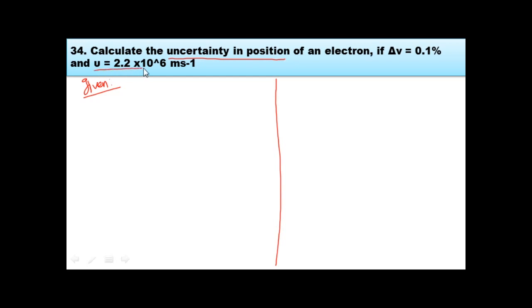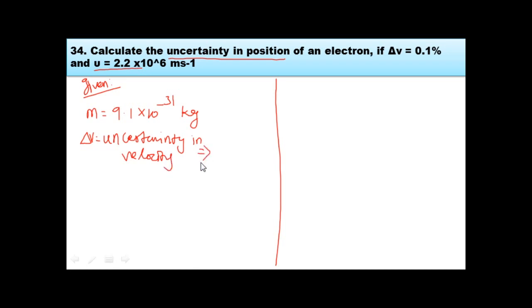So the percentage by which it decreases is 0.1%. First, the mass: we already know this is an electron. What is the mass of the electron? 9.1 into 10 power minus 31 kilogram. The next one is delta V, the uncertainty in velocity, is equal to 0.1 divided by 100 multiplied by the velocity, 2.2 into 10 power 6.